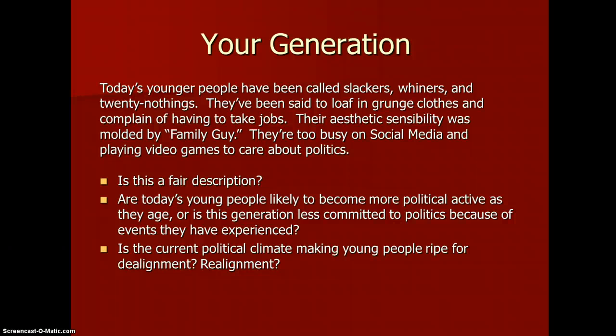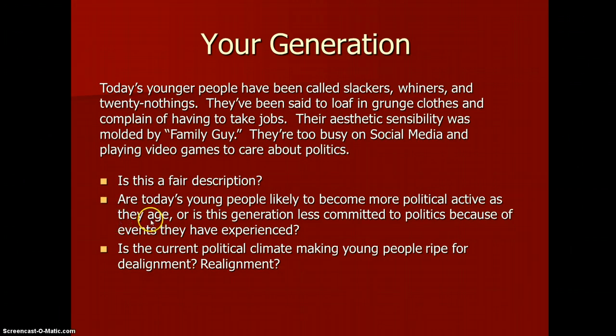We talked also about the idea of the younger generation. This paragraph here summarizes some perspectives, that it's a lazy generation, that they don't work hard, that they're too busy on social media to care about politics. And my questions to you are, is this a fair description of your generation? Are young people likely to be more politically active as they age?